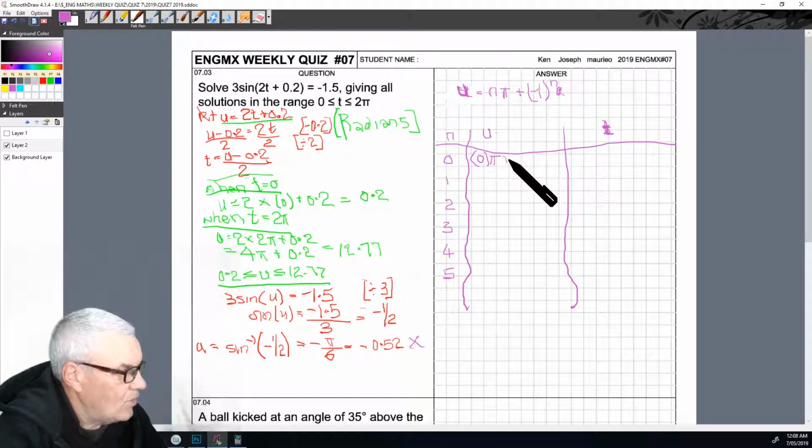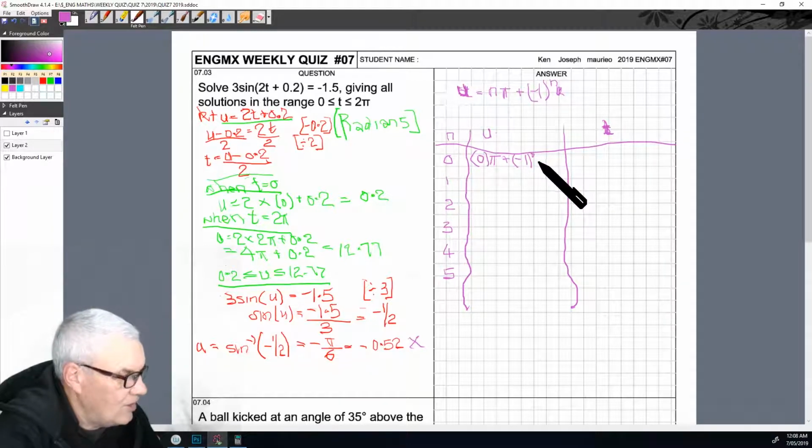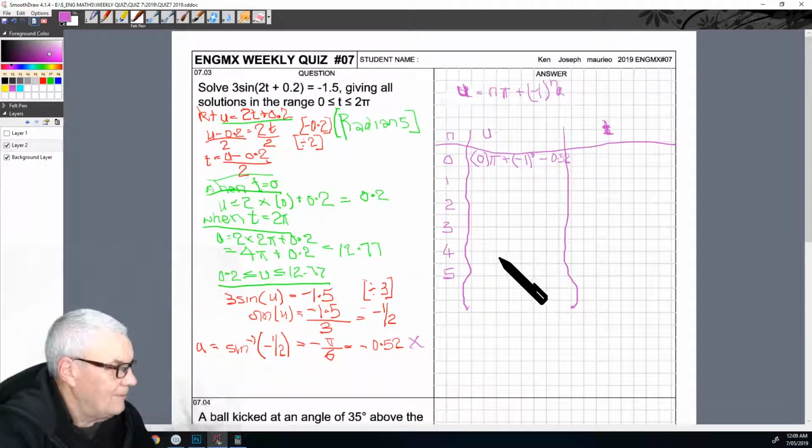Plus -1 to the power of 0. Anything to the power of 0 is 1, times u, which is negative 0.52.